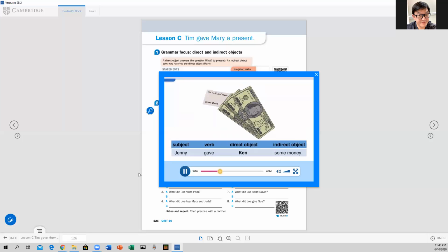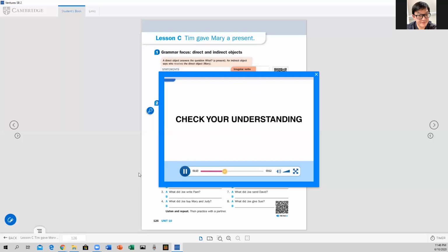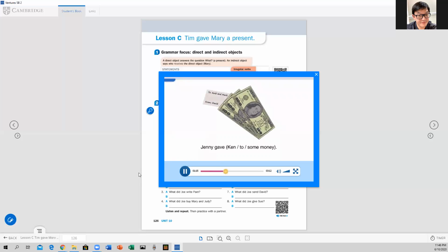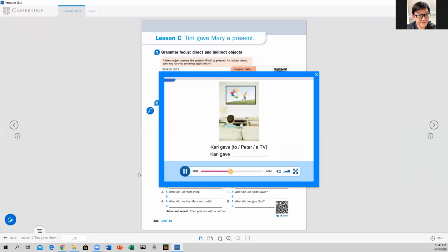Jenny gave Ken some money. Carl gave Peter a TV. Alice bought Diego some cookies. Kevin bought Liz a lamp. Check your understanding. Look at the picture. Read the prompt. Put the words in the correct order to complete the sentence. Jenny gave some money to Ken. Carl gave a TV to Peter.